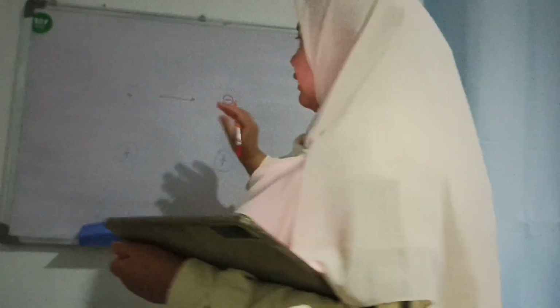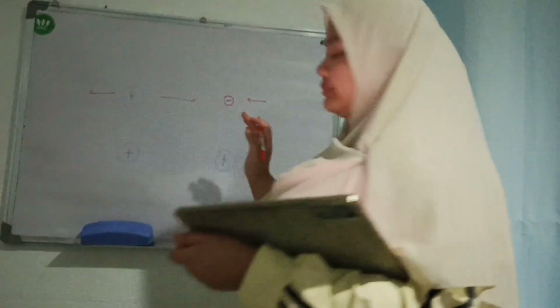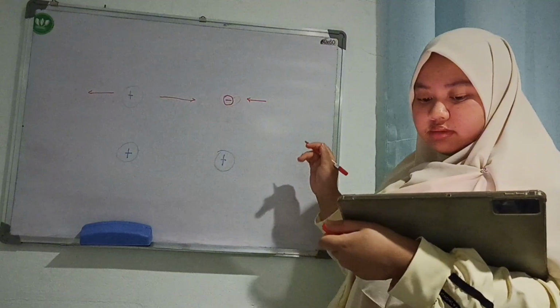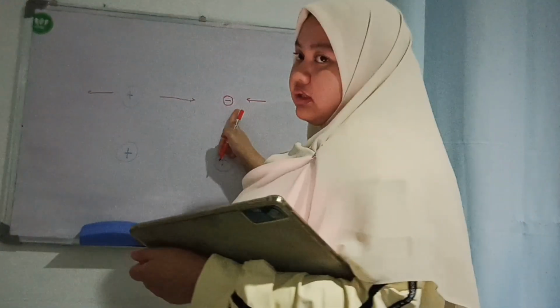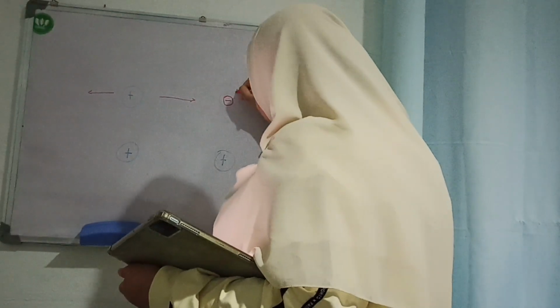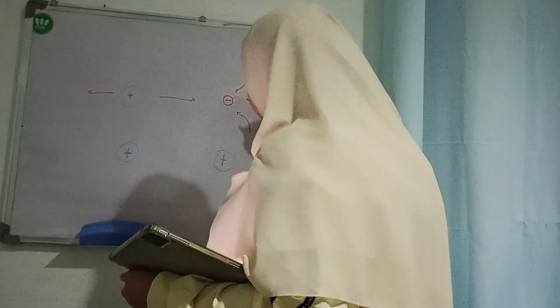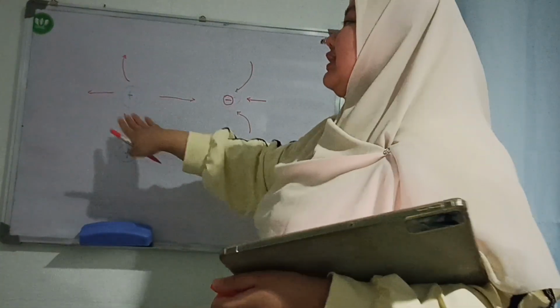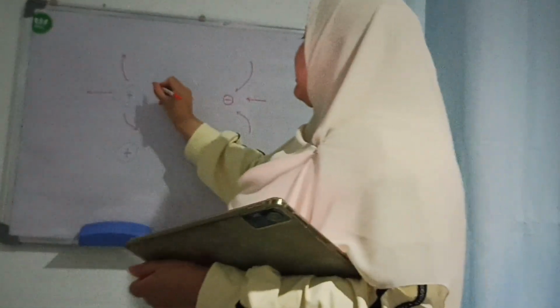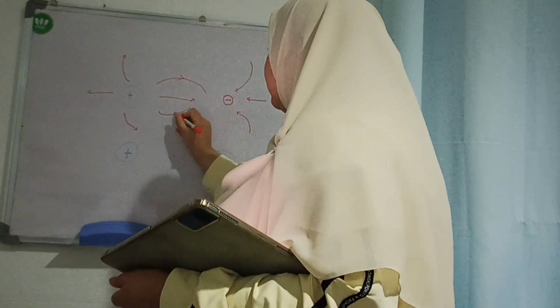So the diagram will look like this. Charges will try to go towards the negative side, while charges from the positive side will try to move away from the positive charges.